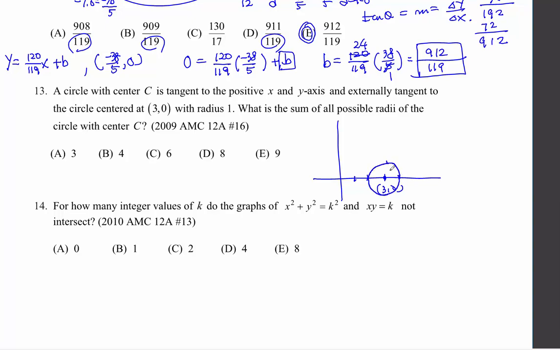What are some possible radii of the circle C? Circle C is tangent to the x and y axes, and tangent to the other circle. Tangent to x is over here, right?